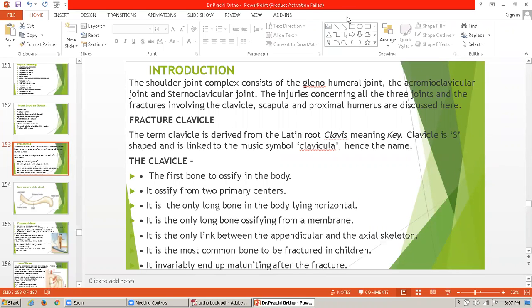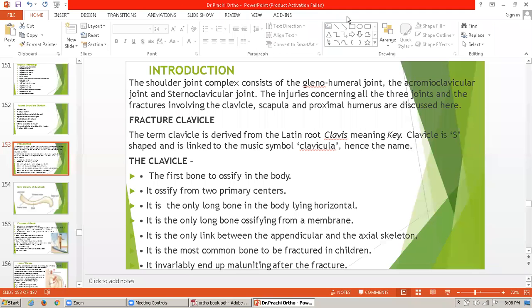So the first point is the introduction: the shoulder joint is a complex joint. It consists of the glenohumeral joint, the acromioclavicular joint and the sternoclavicular joint.